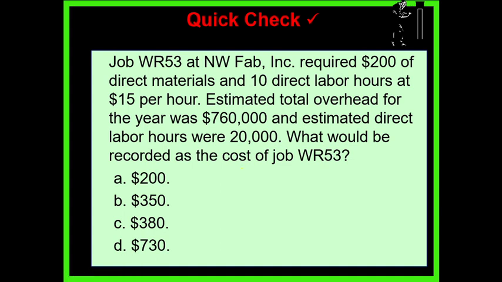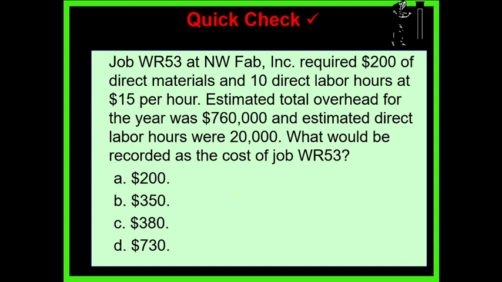What is the cost of the job? So you start with the direct materials. Okay, here is already given at 200. And then what about the cost of your direct labor? No, you have 10 at 15, so you multiply that. And then you have 760, but this is not for the job. No, this is your total overhead for the year. So how much will be allocated to the job? So you have 760 divided by your direct labor hours na 20, you get the predetermined overhead rate.